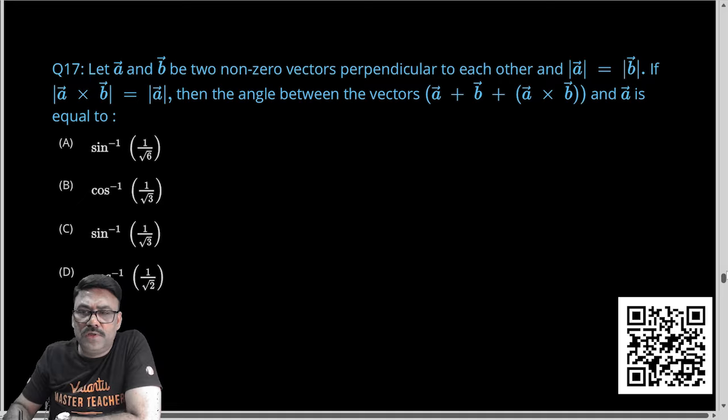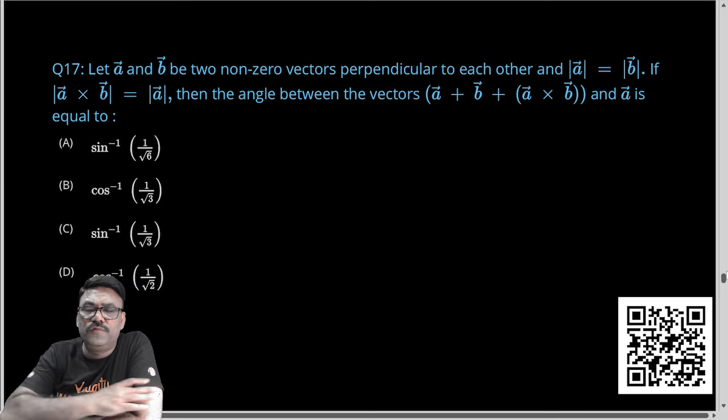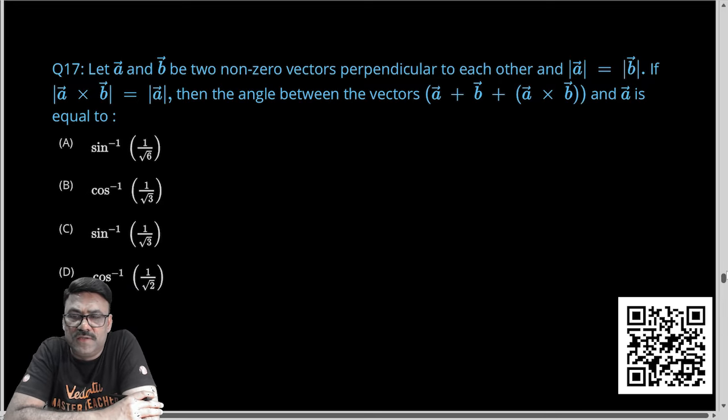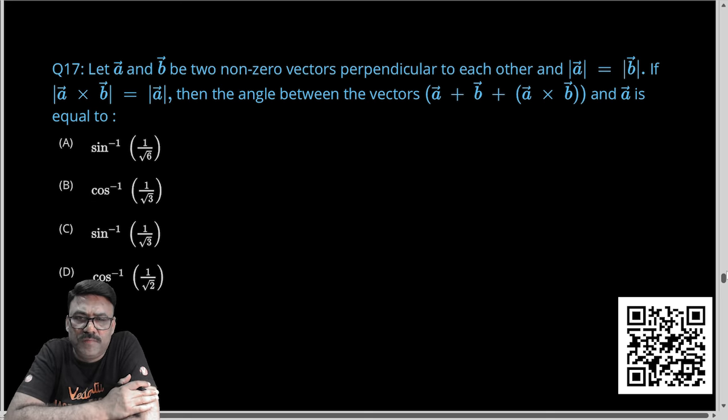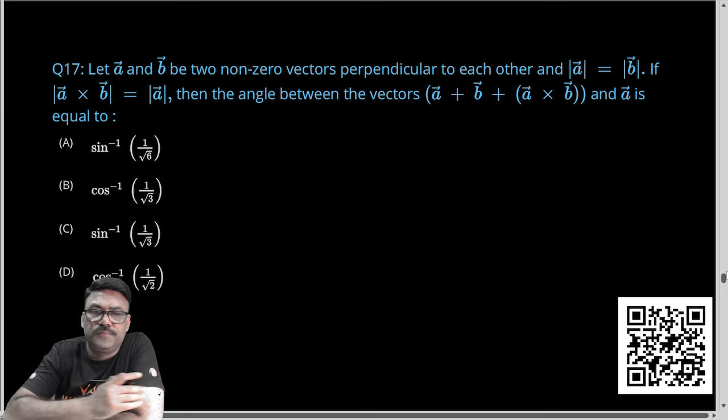You can easily do this question by taking A equal to i, B equal to j, and you will get your answer. But let's check the general method also.